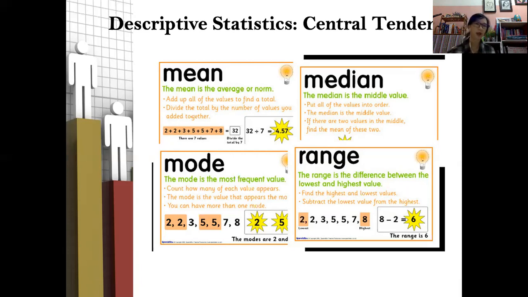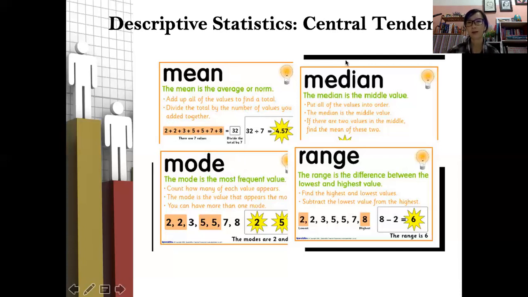Okay, so now let's move on to descriptive statistics. Last week, you already did an assignment related to central tendency, right? Central tendency included basically 3 statistics, namely mean score, median, and mode.